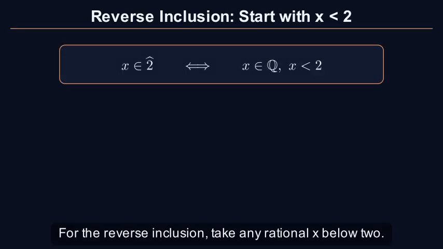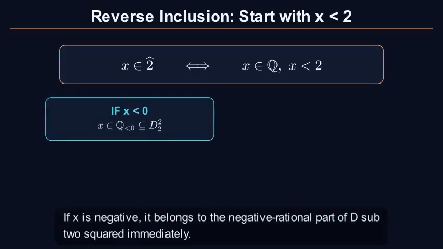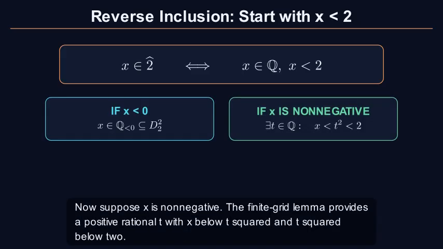For the reverse inclusion, take any rational x below 2. If x is negative, it belongs to the negative rational part of D sub 2 squared immediately. Now suppose x is non-negative. The finite grid lemma provides a positive rational t with x below t squared and t squared below 2.